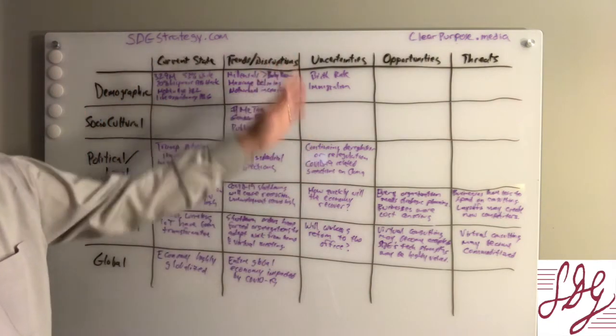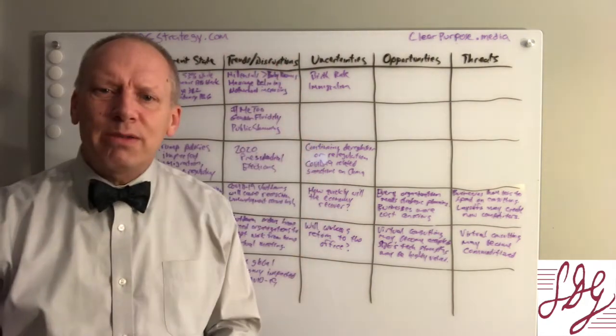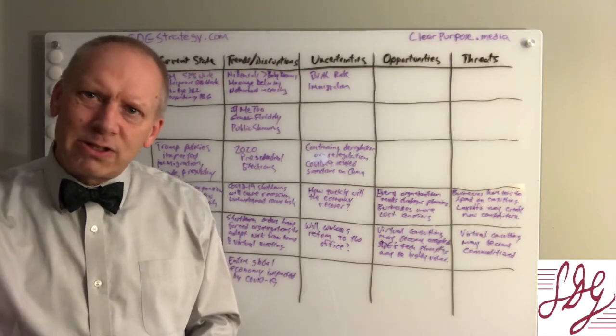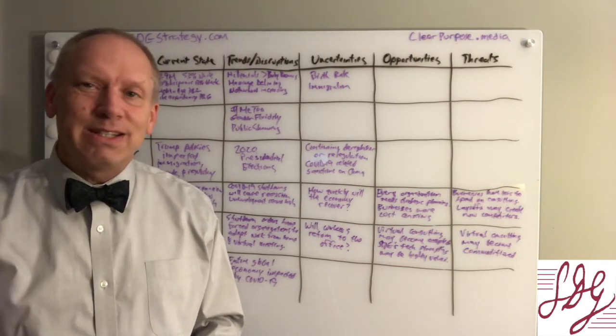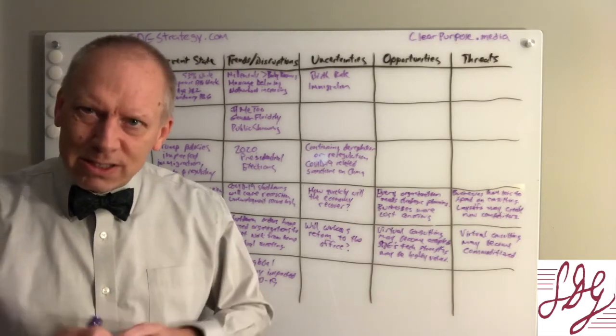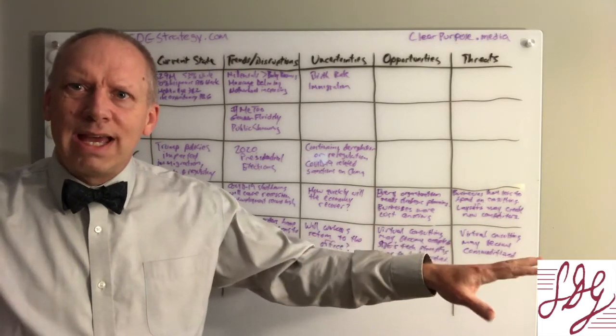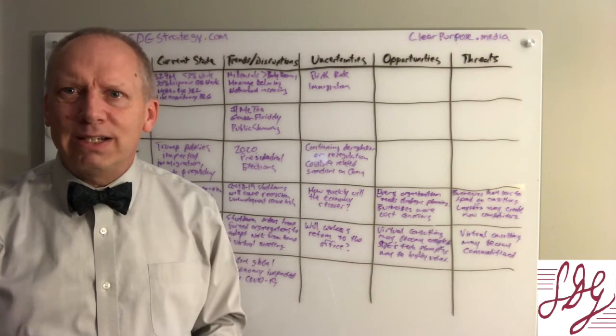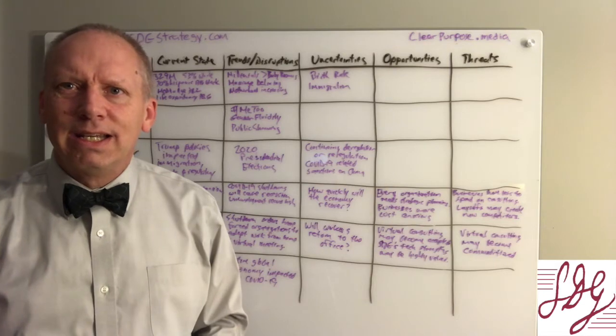So what about uncertainties? Well, I think one of the big uncertainties is whether manufacturing and services activities, and with that kind of infrastructure and jobs, whether that, which has moved out of the U.S., how much of that is going to come back to the U.S. because of what we've had to deal with this COVID-19 crisis.